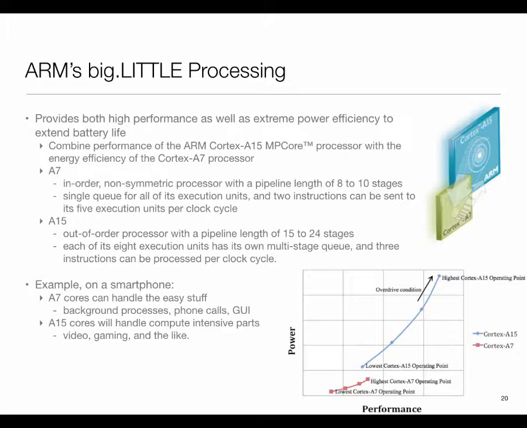A lot of these things are optimized for speed and performance, and they'll likely do well even in terms of power for complicated things. But the penalty is that all this hardware, when not used or just idling, is going to consume a lot more power. So A7 cores can handle the easy stuff, and A15 cores will handle the more complicated stuff. That's the example.